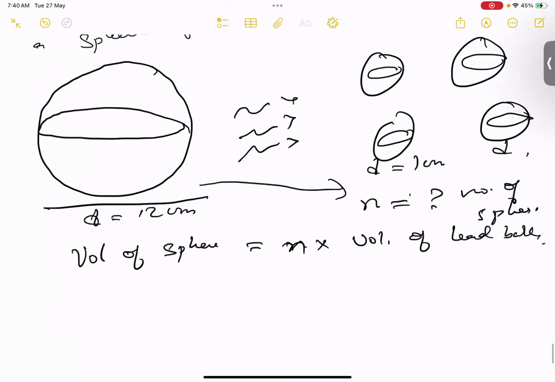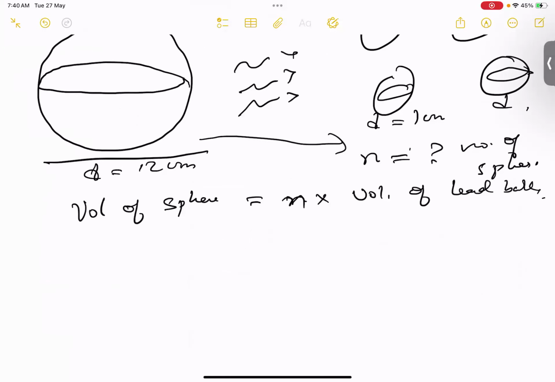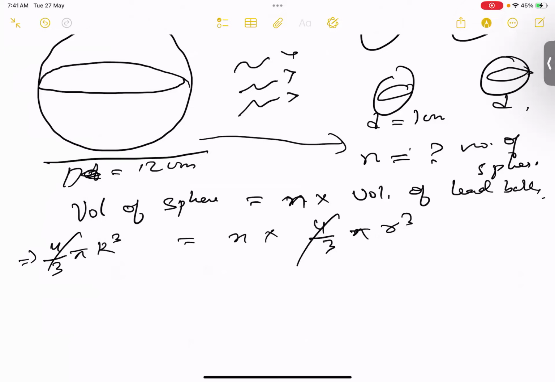So here we know that the volume of a sphere is nothing but 4 by 3 pi r cube. Just consider this as the capital R, okay? And it's equal to n into 4 by 3 pi r cube, right? So 4 by 3 you can cancel on either side.